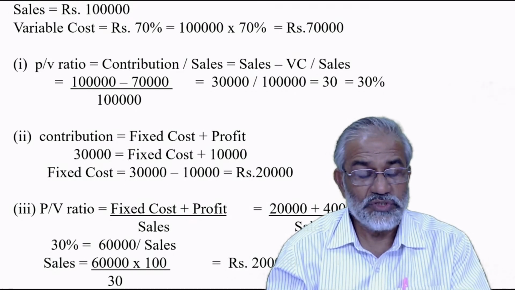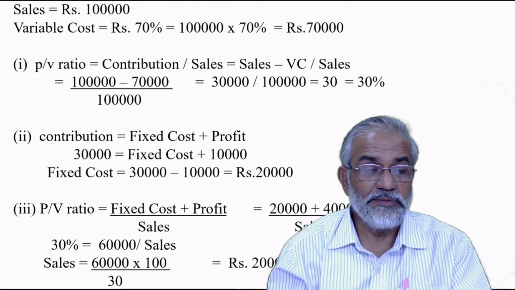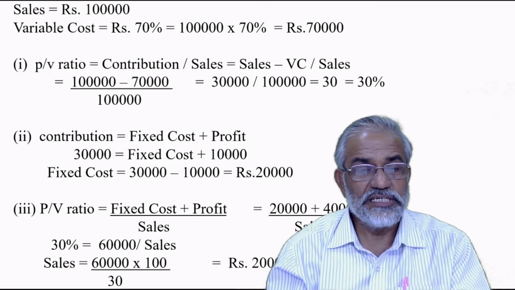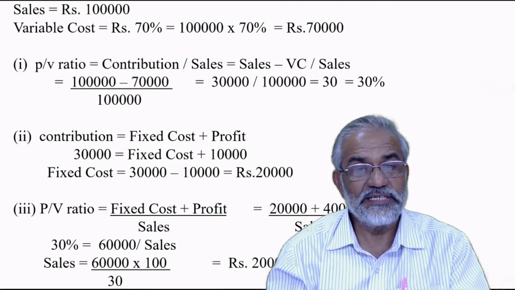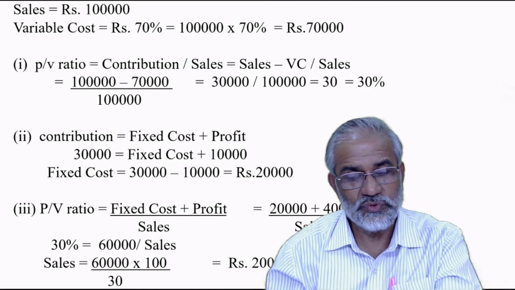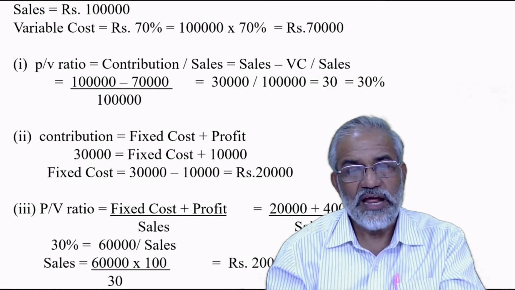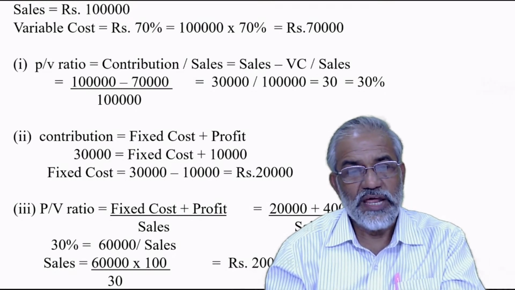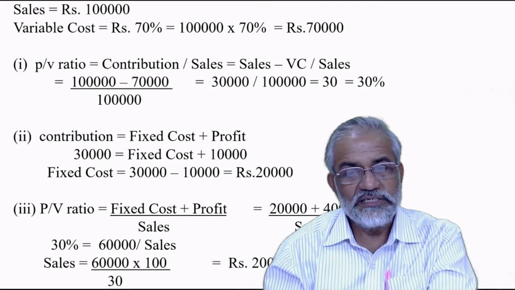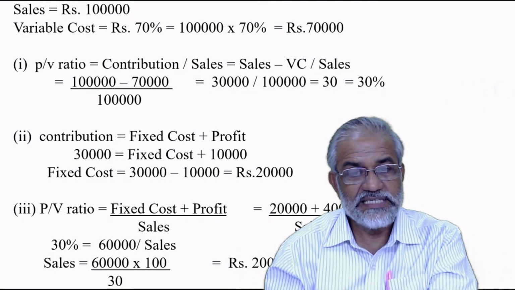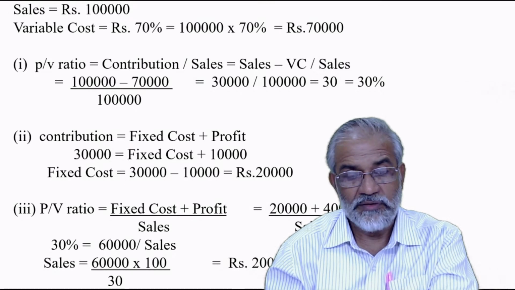The third element of discussion in respect of the question given is that you need to determine the sales. PV ratio is equal to fixed cost plus profit divided by sales. Here we have the fixed cost, which is coming to 20,000, and we have the profit, and we have sales. So 20,000 plus 40,000: fixed cost plus profit.